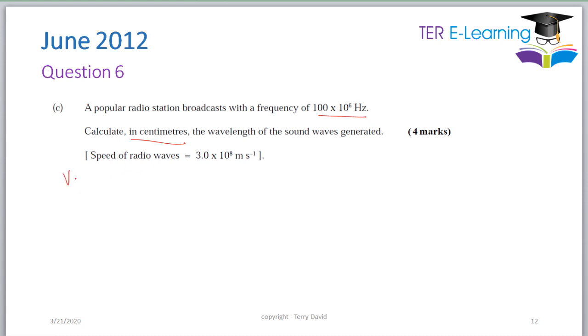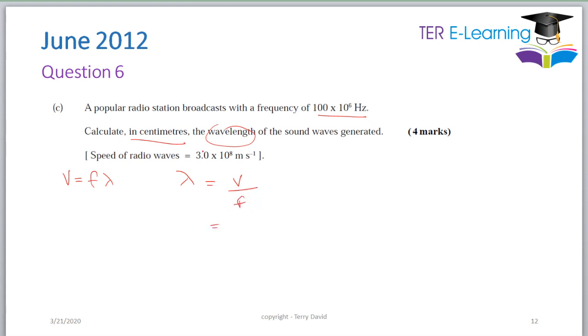The wave formula is this: V is equal to F lambda. They've given us a frequency and they want us to calculate wavelength. The symbol for wavelength is lambda. So lambda is equal to V over F.